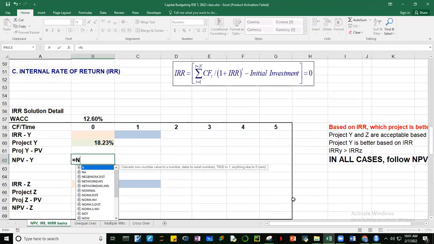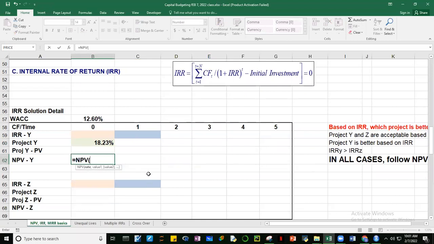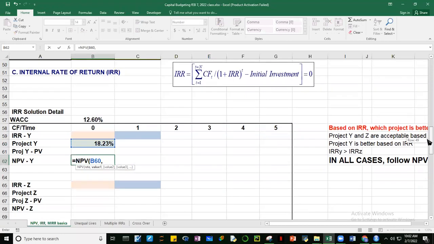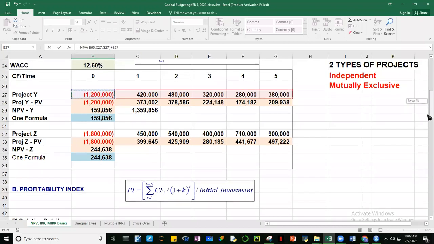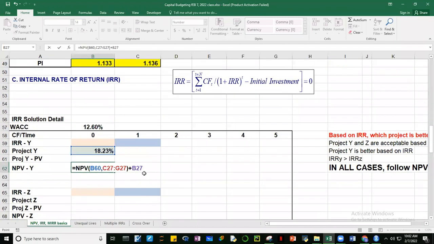Now, if you compute, guys, for the NPV of project Y, when the cost of capital is equal to your IRR. Okay, so let's just show that. Take a look at this formula, guys. So what are we doing here?